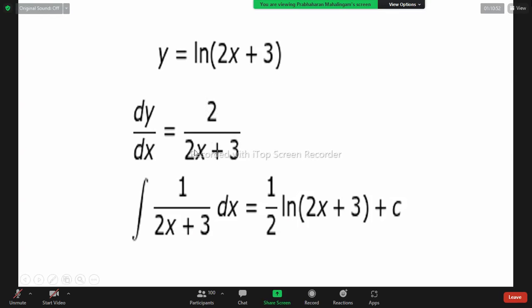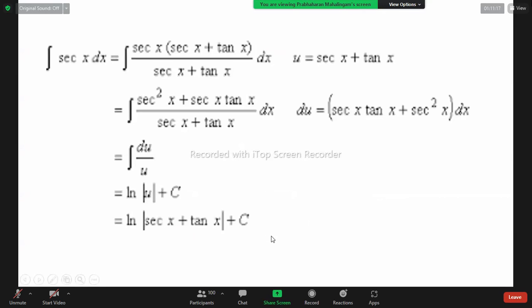Then 2 over 2x plus 3 is needed. So if you differentiate this one, this is the answer. If you want to remove this 2, you want to divide by 2. 1 by 2 into ln 2x plus 3. 2x is there. That is why 1 by 2 is in the upper position. So you want to divide by 2. Right? I told you several times.